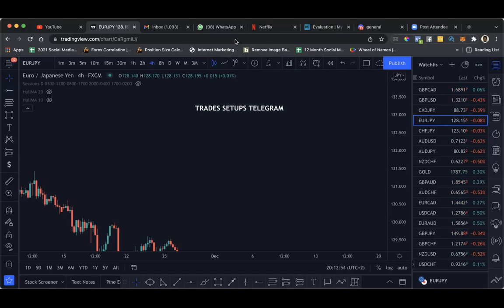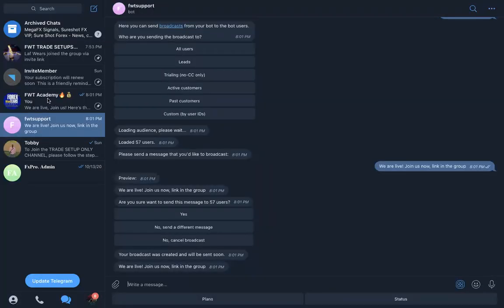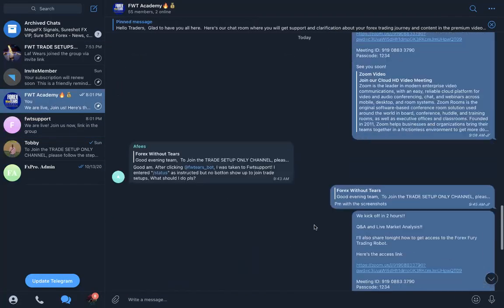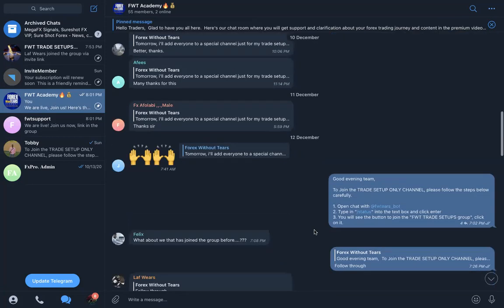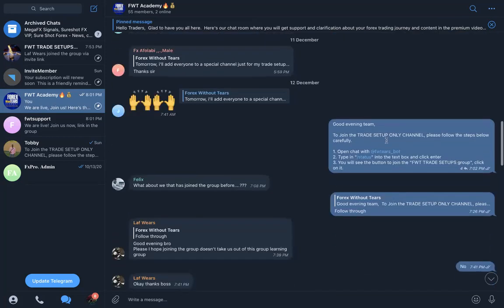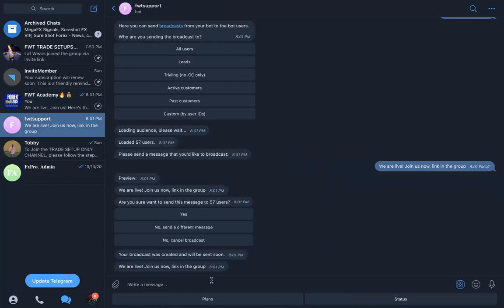Now, let me share the Telegram group. All right, good. So this is our Telegram. I sent in the steps on the group. So go to our Telegram group. You'll see this. It was sent yesterday. What you need to do is to open a chat with the support bot. Once you do that, it will take you to the bot. You want to click on /status.